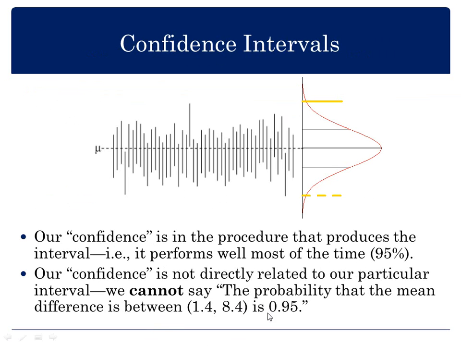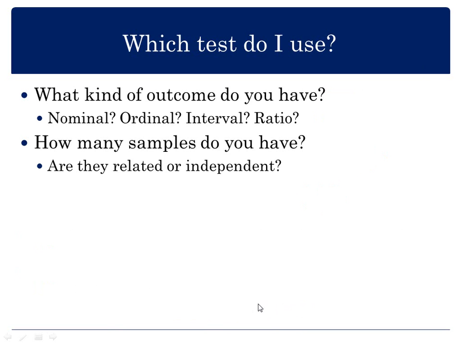But we can't say things like the probability that the true mean is between some number and some other number is 0.95. That's not an accurate statement. We can just say that this method performs well 95% of the time for 95% of samples that could be drawn from the population. Did that confuse you enough?